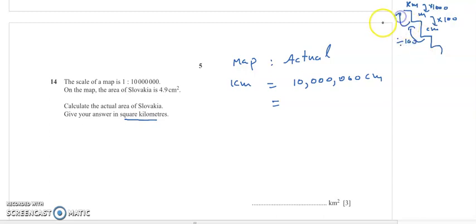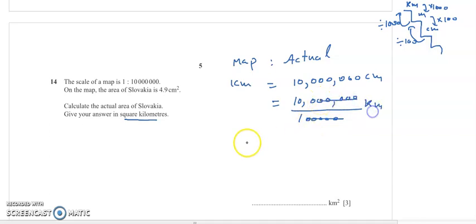So if I have to convert directly from centimeter to kilometer, I need to divide this 10 million by 100,000. So these zeros are going to cancel, and this will be in kilometers. So 1 centimeter on the map, according to the scale, will be 100 kilometers.